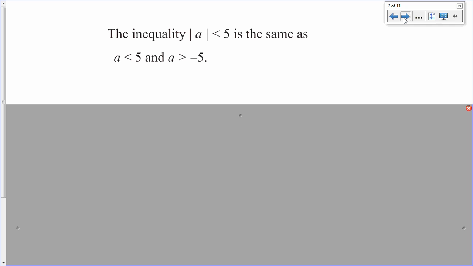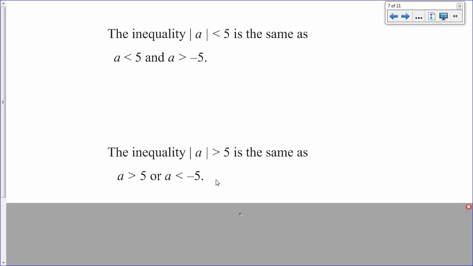Inequalities are a little more tricky. The inequality the absolute value of a is less than 5 is the same as a is less than 5 and a is greater than negative 5. So we have an and here. We repeat the inequality, but we flip the sign and change the number to a negative.